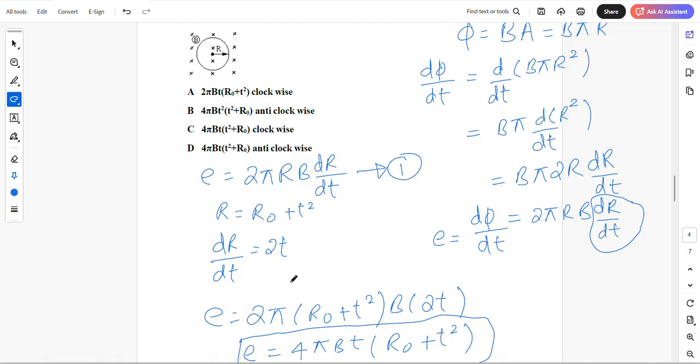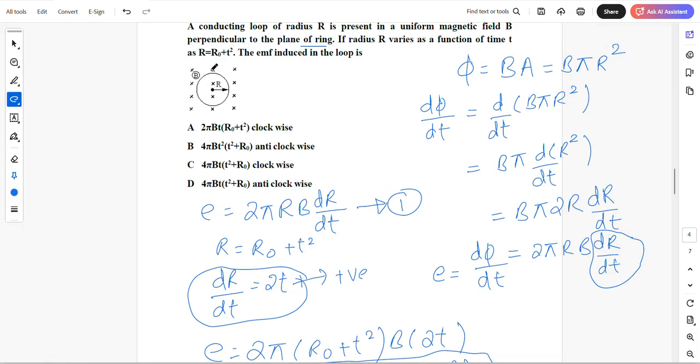See dr by dt, which is 2t. Is it positive or negative? It is positive. Positive means the area is increasing. If area is increasing, flux increases.